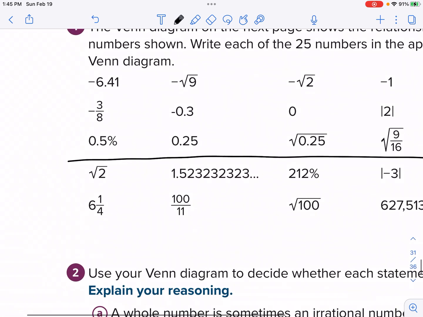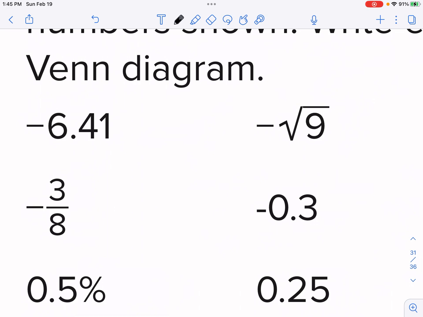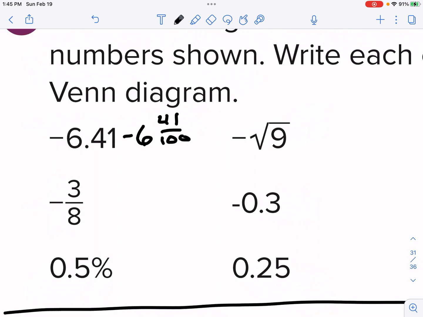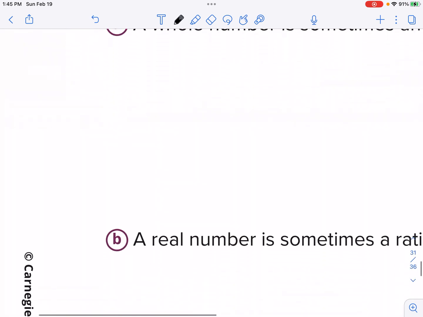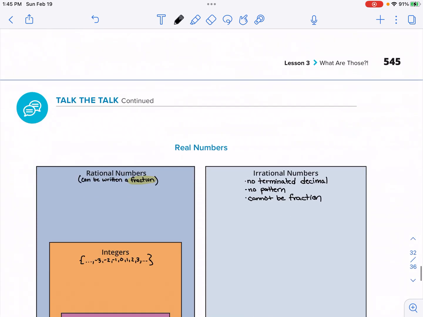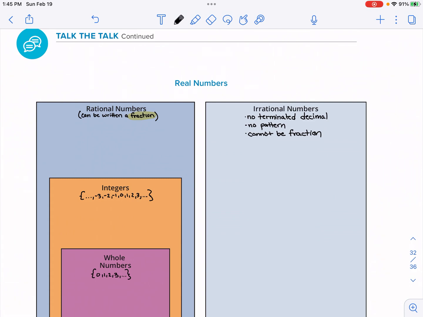This would be negative 6 and the way you convert this is how you say the number, 41 hundredths, so it's 41 over 100. This is a mixed number, and a mixed number is a fraction. So we're going to put negative 6.41 or negative 6 and 41 hundredths in this blue area.